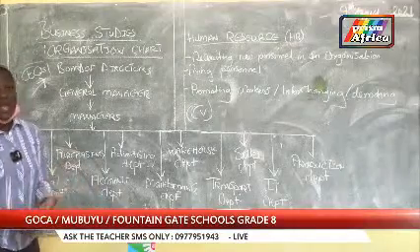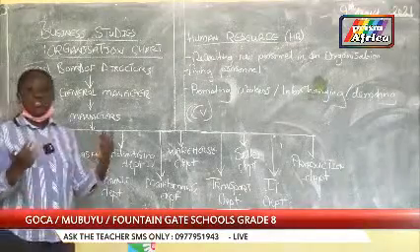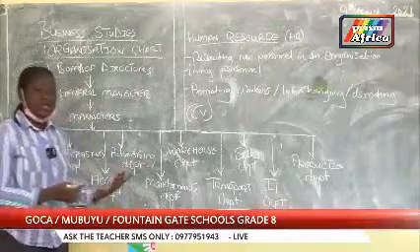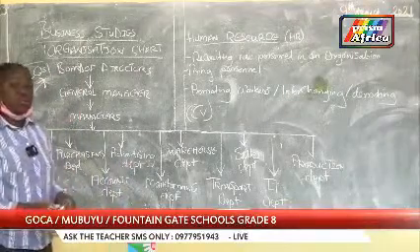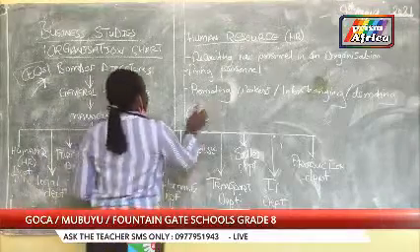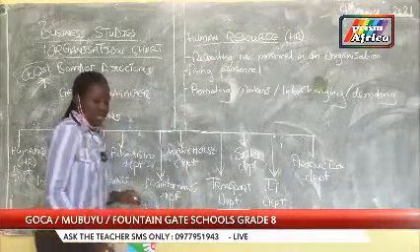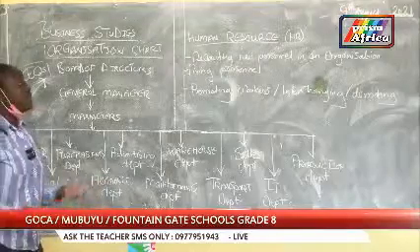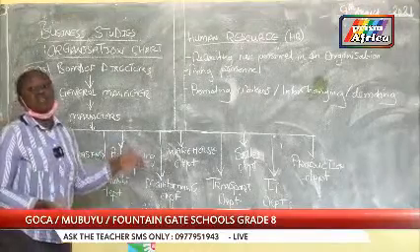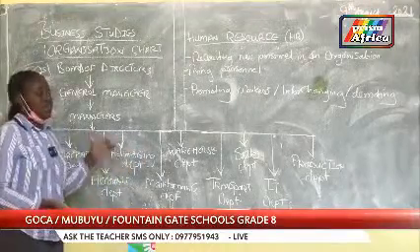How many children do you have? Are you married? Are you divorced? Where do you live? How old are you? Your NRC number and all those details. All those details have to be in the hands of the human resource, so that even before you get promoted or demoted, they will have to understand your background as well.